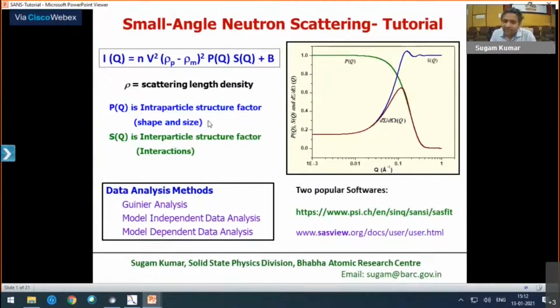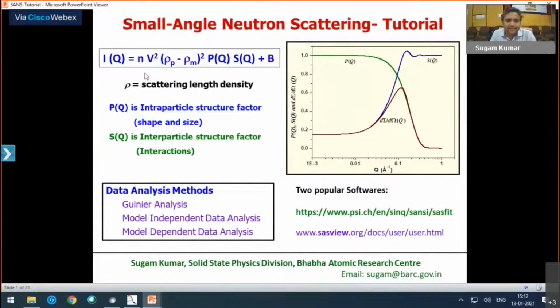To begin with, what I will be showing is very little information which I believe you already have, just to recall those terminologies so that this tutorial and understanding of the data analysis can be straightforward.